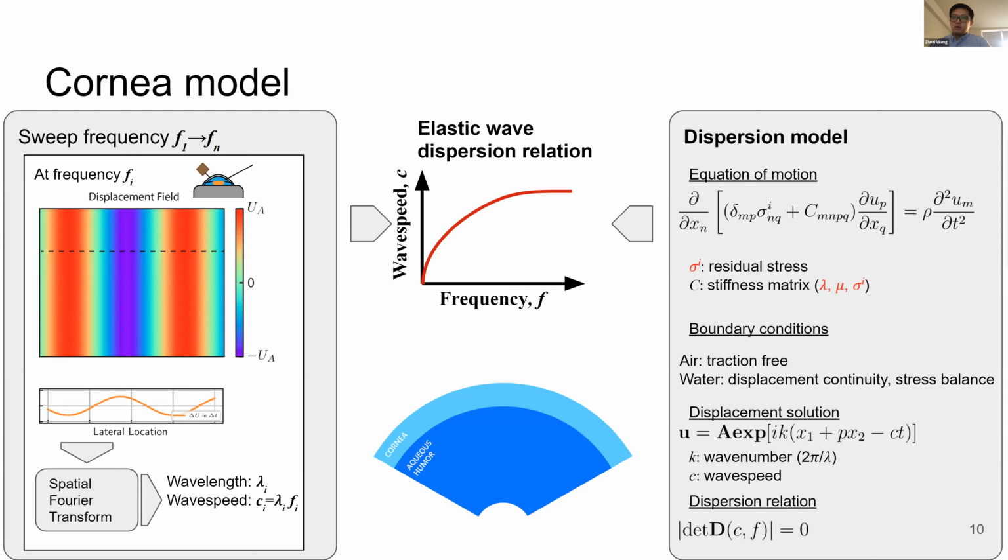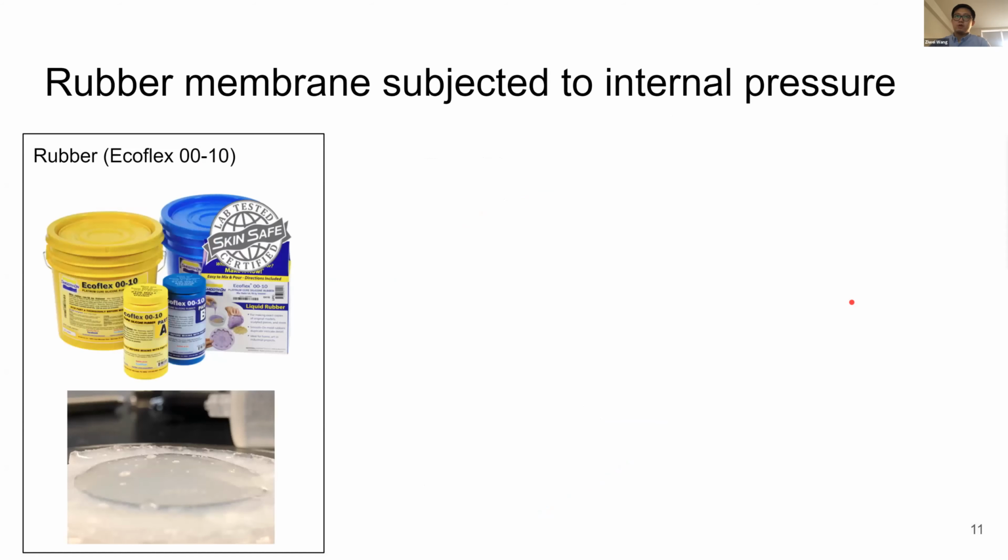So the whole idea is to fit this model to the experimental data and to predict the unknown parameters, including lambda, mu, and residual stress sigma.